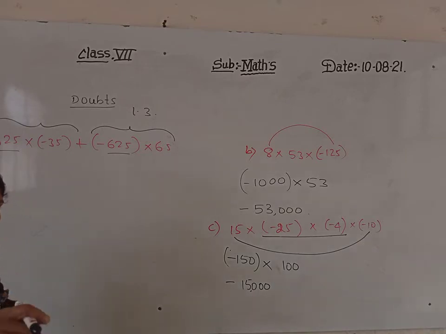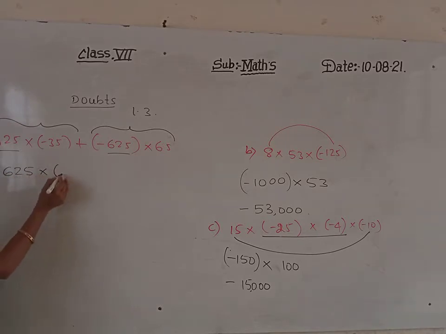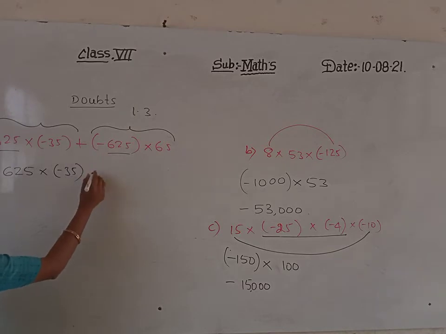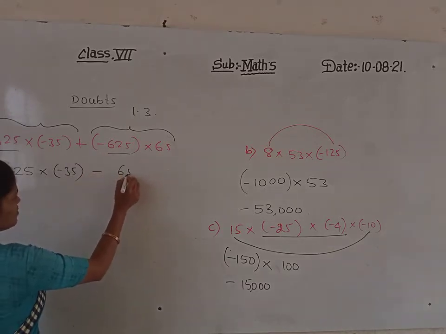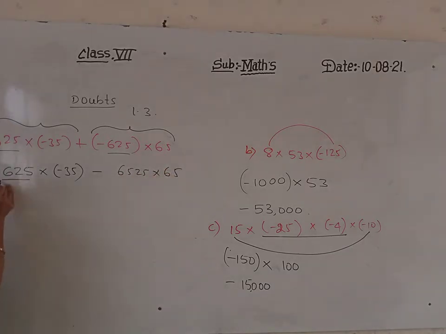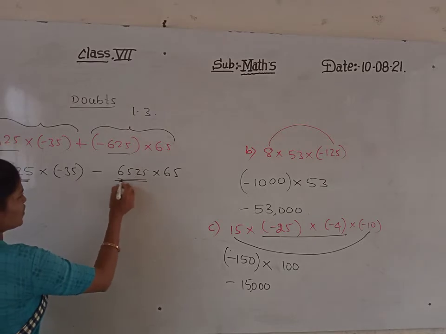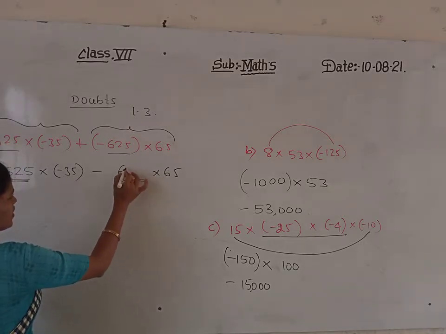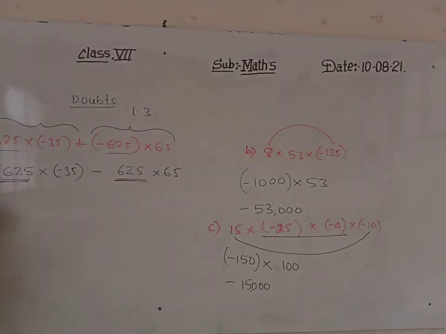For that purpose, I am taking one more step extra here. 625 into minus 35 keep as it is. Now plus into minus, it becomes minus. So what is remaining here? 625 into 65. Now, shall I take 625 outside from both the terms? Yes. If I take 625 outside, what remains here? Minus 35 and minus 65.